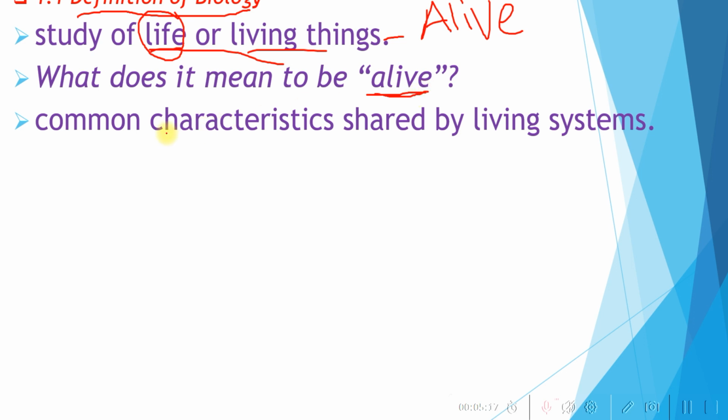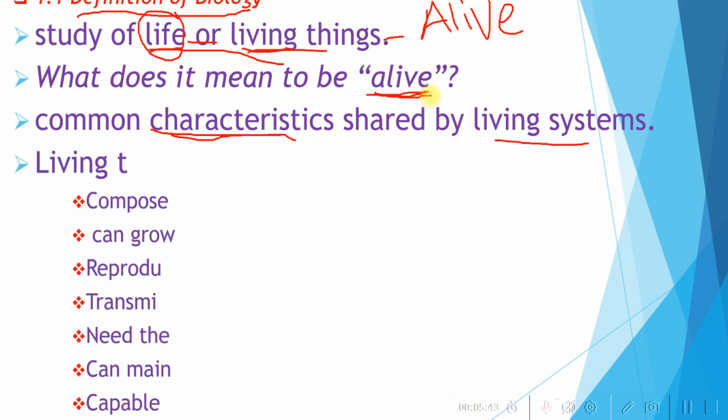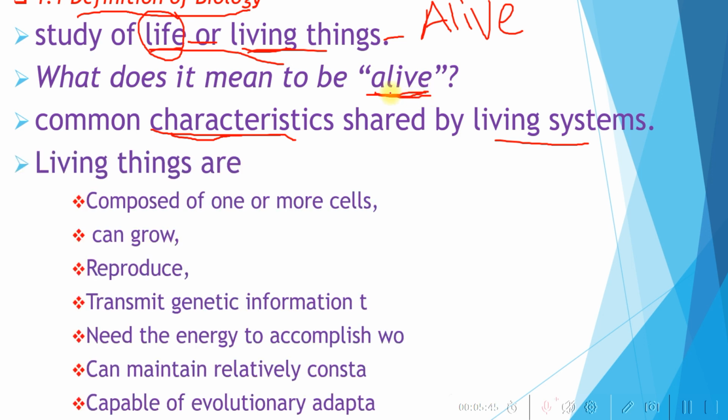So we have to use the common characteristics shared by living systems. It is not easy to define life or living things by itself. Instead, we can use those characteristics which can define life or a living thing. So let's talk about the main frameworks.